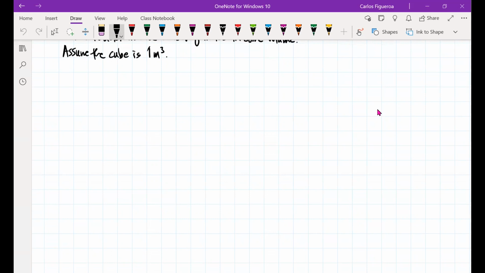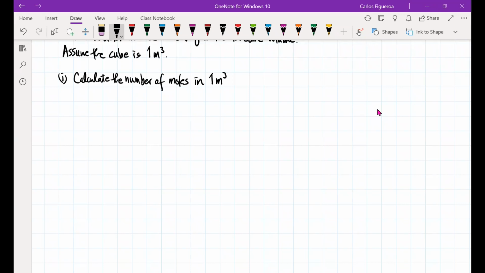So the first thing I have to do is calculate the number of moles in 1 meter cubed.